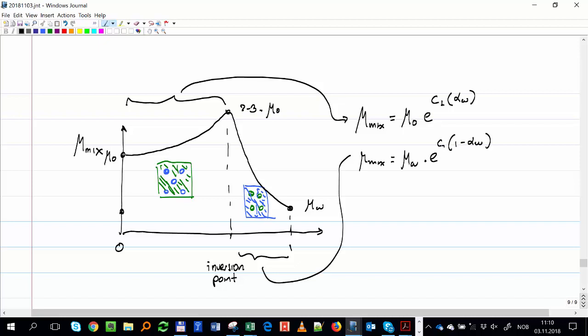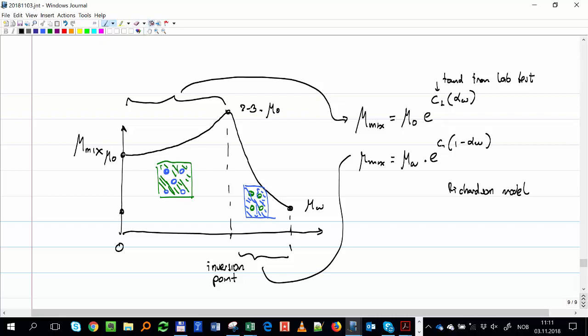You measure it in the lab, and then you find these coefficients. These are found from lab tests, and this model is what is called the Richardson model.